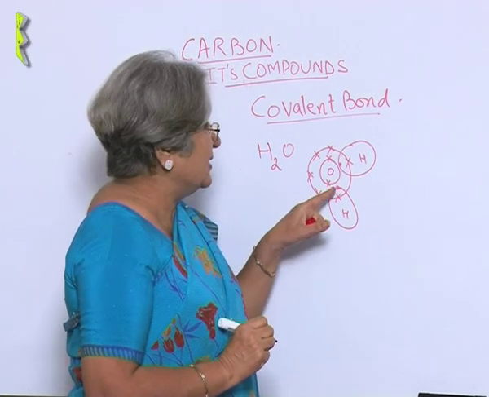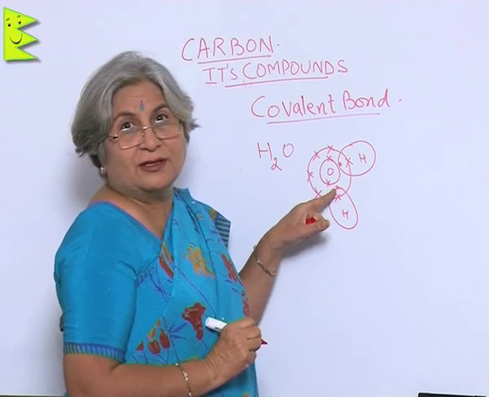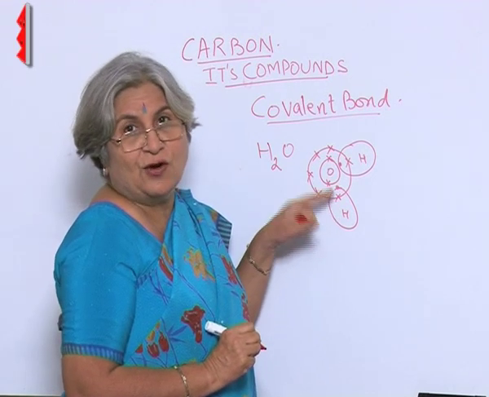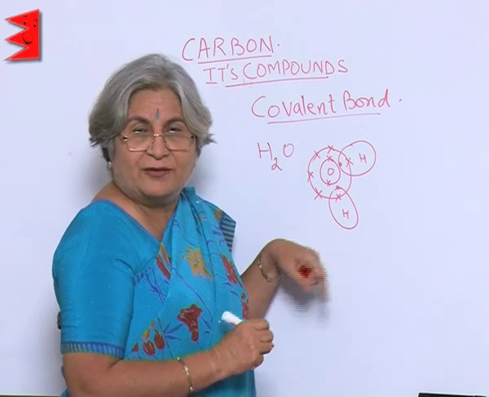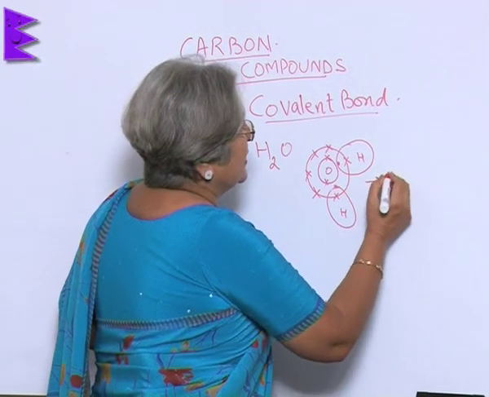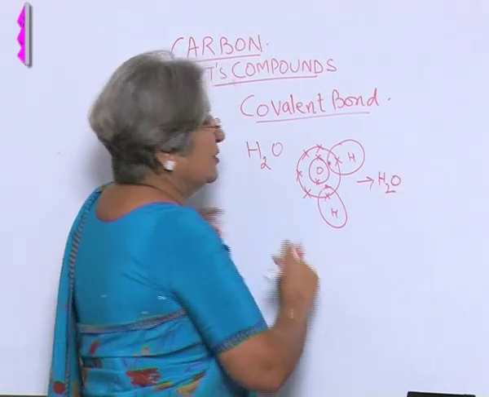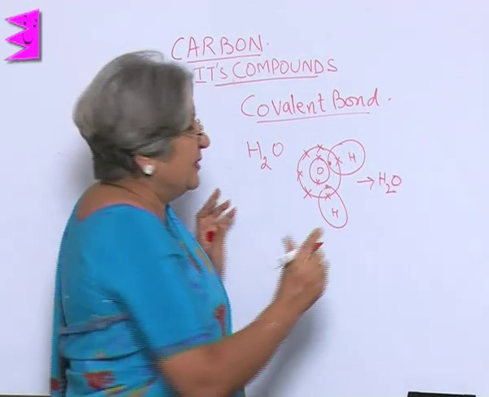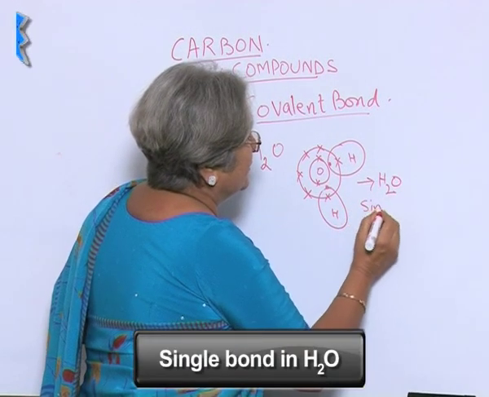Now, this time instead of cross I have used dot. Why? Because hydrogen is another element. So, what we get is H2O. So, everybody is satisfied? That means there is a single bond.